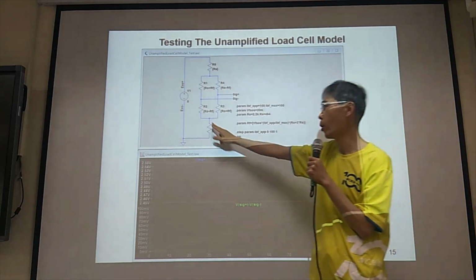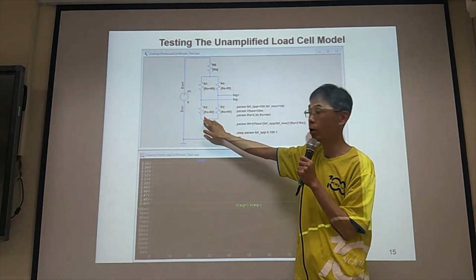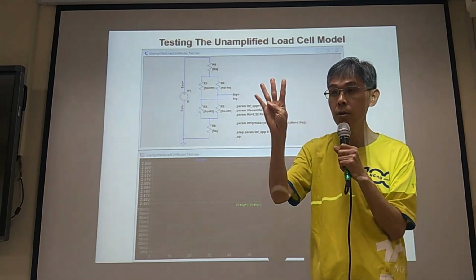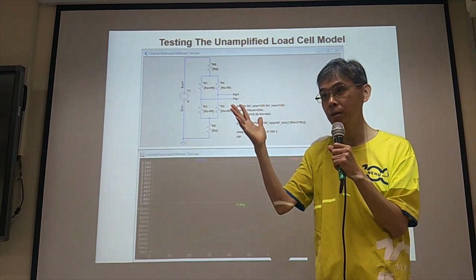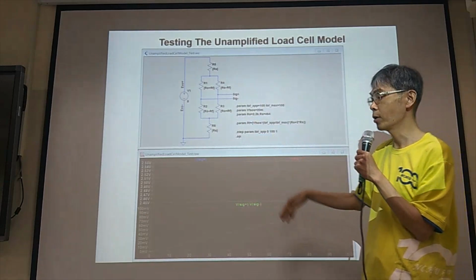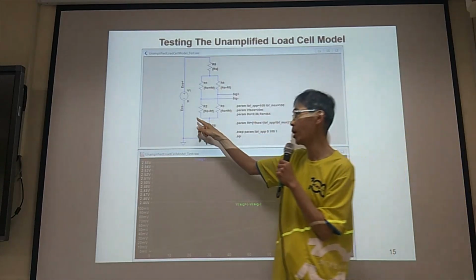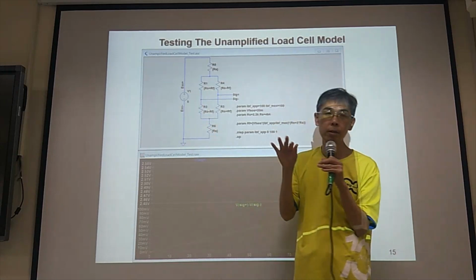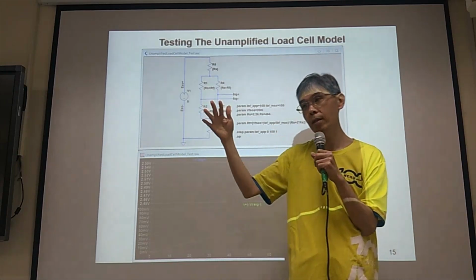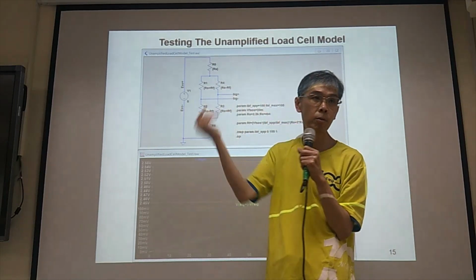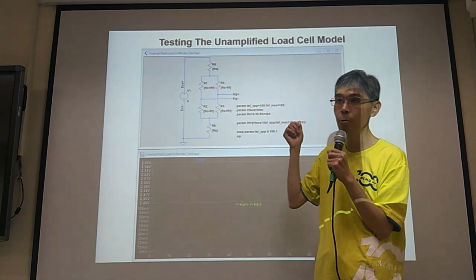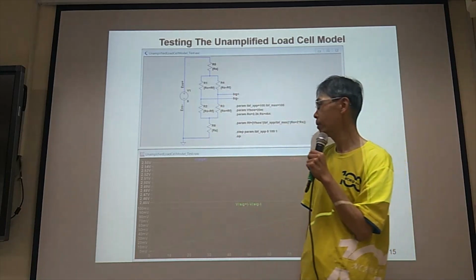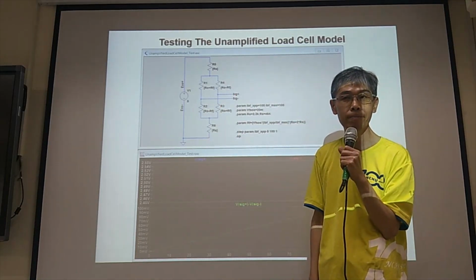And not only one Wheatstone bridge, you may have 4 Wheatstone bridges. It's complicated. But next week we are going to start from a simple Wheatstone bridge. You are going to learn from simple, then step by step the circuit becomes complicated. You will add more components into LTspice. So it's going to be fun.